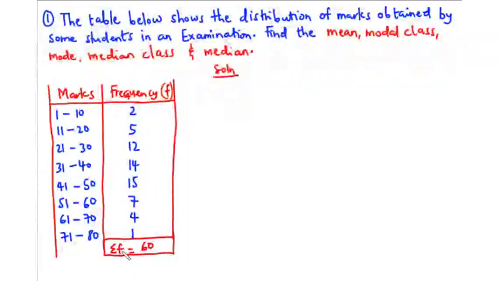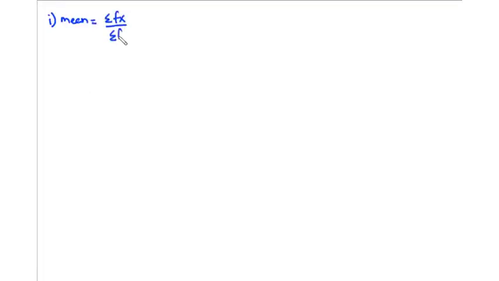After finding summation of f, now let's talk about the mean. To find the mean, we know that the mean is given by summation of fx divided by summation of f. We know that summation of f is 60, so we need to find summation of fx.